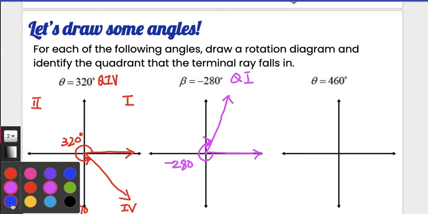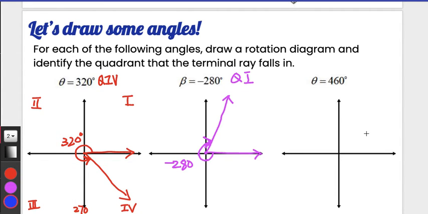Now let's work on the last one. As we mentioned, no matter what kind of angle we're working on, we always start with our initial ray on the positive side of the x-axis. And then let's think about this. This is a positive angle, so we are going to rotate counterclockwise.